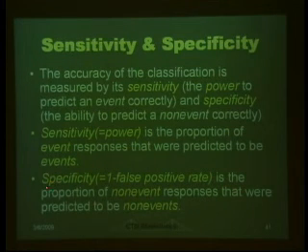And specificity is the correct rate for the non-events. So this person didn't get the disease, and your prediction is also right. This person is classified in the control group, the non-disease group. So what's the chance of you making that correct diagnosis? That's the specificity.